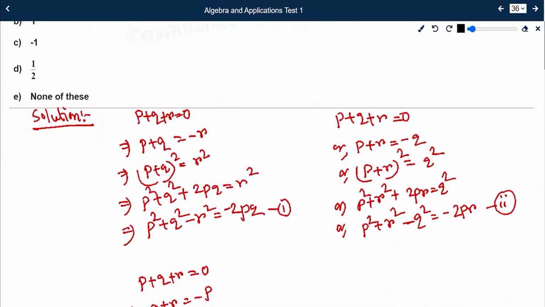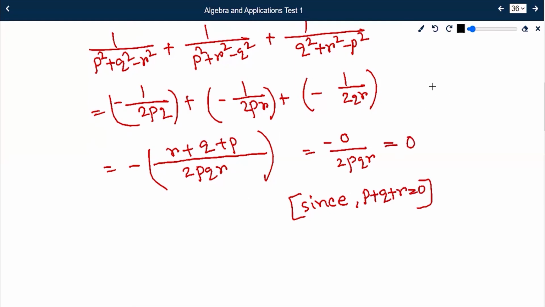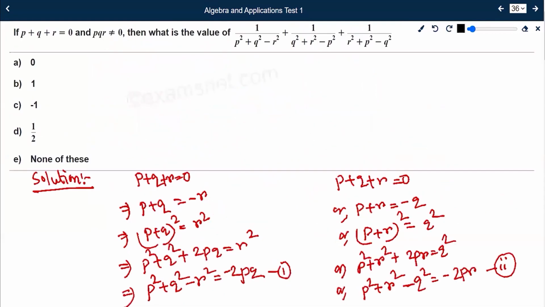That is 0, already given. So 0 by 2PQR, since P plus Q plus R equals 0, correct? So it will give us the final answer 0 as well. So here option A is the correct one.